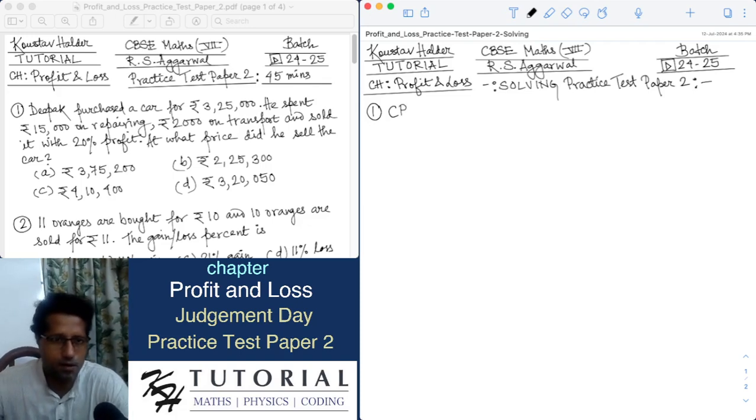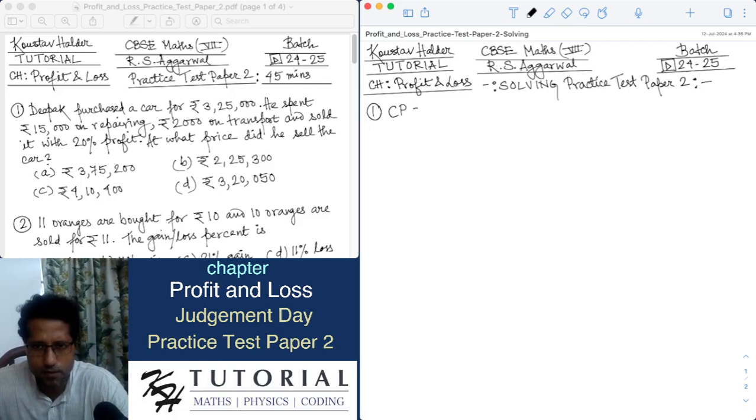The price at which Deepak purchased the car is given to be rupees 3,25,000. This is the price at which he purchased the car, but then he also spent rupees 15,000 on repairing and rupees 2,000 on transport.